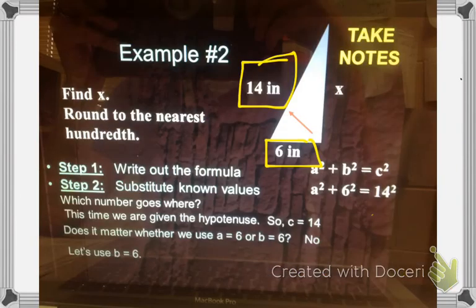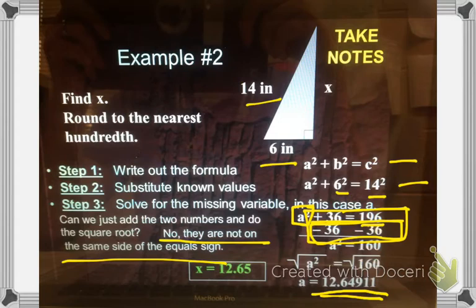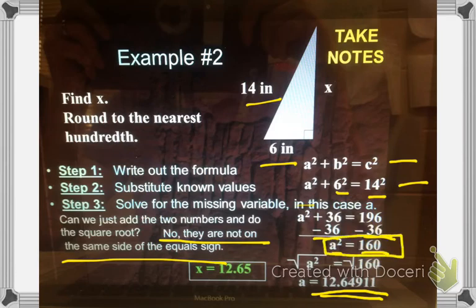And then when we don't have the leg and we have the hypotenuse and a leg, we substitute what we know. Substitute what we know. And then do that two-step equation. Subtract the 36 from both sides to where we have a squared equals 160. We're trying to get to where it's a variable squared equals a number to where we can take the square root of both sides. Okay?